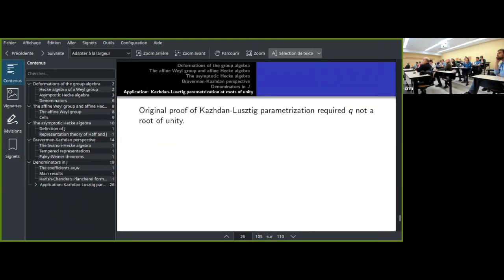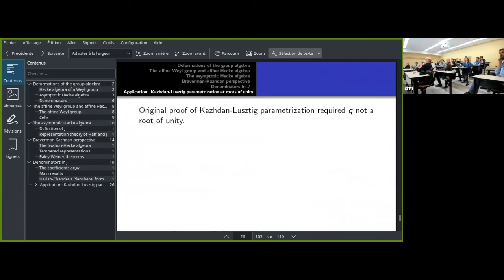In the last few minutes, I want to mention a potential, or sort of conjectural, application. So the original proof of the Kazhdan-Lusztig classification of representations of the affine Hecke algebra requires that q is not a root of unity.